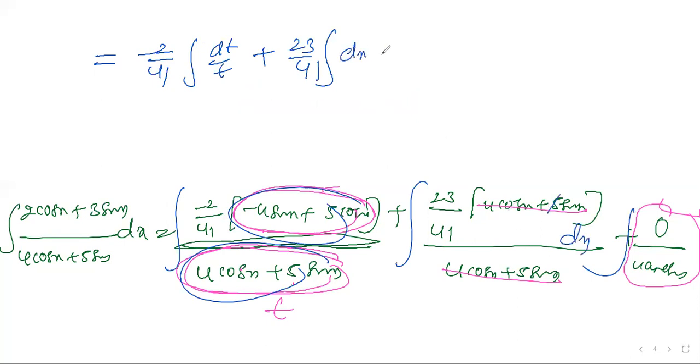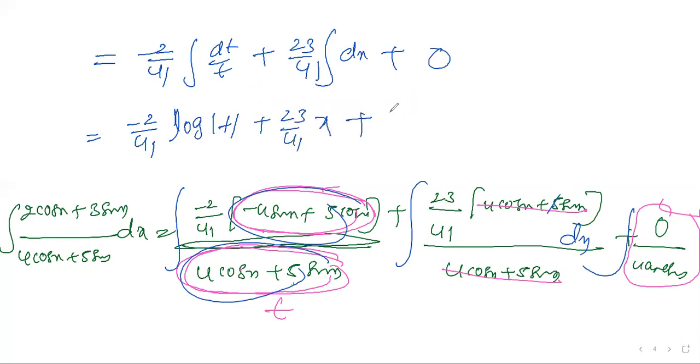Next portion is 0. Clear? Now 23 by 41, integration of dt by t, what? Log t, plus 23 by 41 integration of dx, means what? x. Plus 0 means 0 only. 0 into dx, automatically the answer is 0. I left that portion. Now still clear?